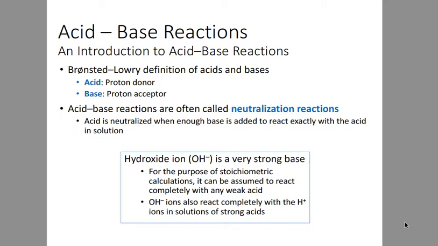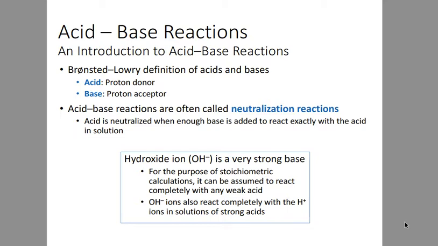So it's a give and take, just like we've seen with our cations and anions, maybe with electrons, something you're familiar with already. So we're going to manipulate that now that we're using a proton instead of an electron, but the same kind of give and take reaction is occurring.